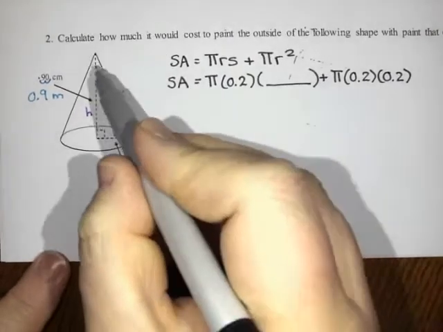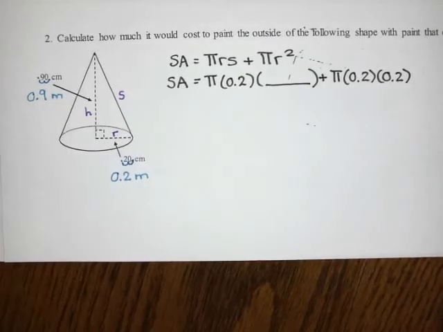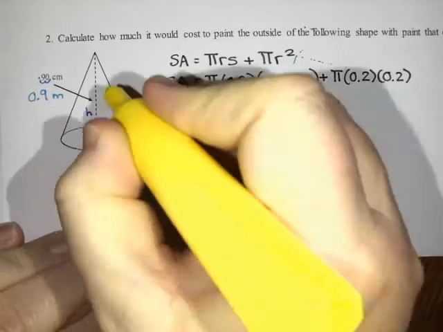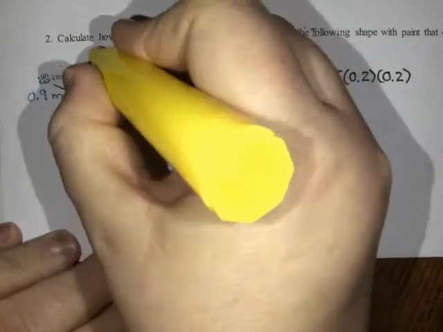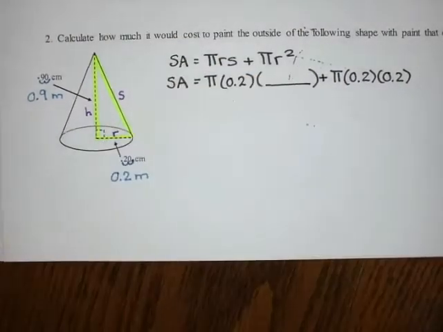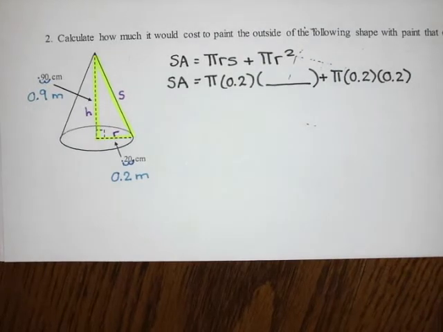Now, the problem is I don't know what my slant is, but the radius, the height, and the slant together make a right angle triangle, which means I should be able to use Pythagorean theorem to calculate my missing slant height.